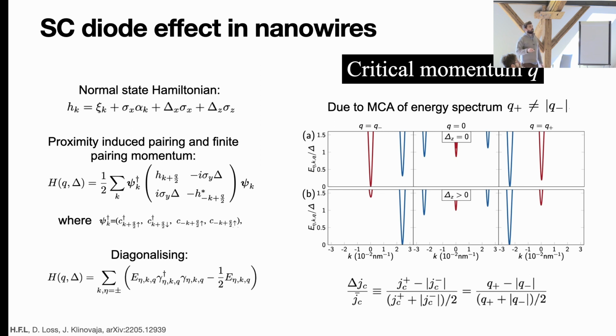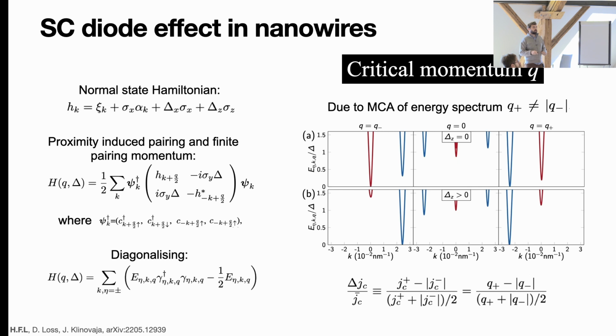And what this finite momentum tells me is that at some point my system goes completely normal as a function of this momentum q, and at that point I can associate that with the critical current of the system. And when I have this magnetochiral anisotropy, what you find is that the critical current for positive q and negative q are different.